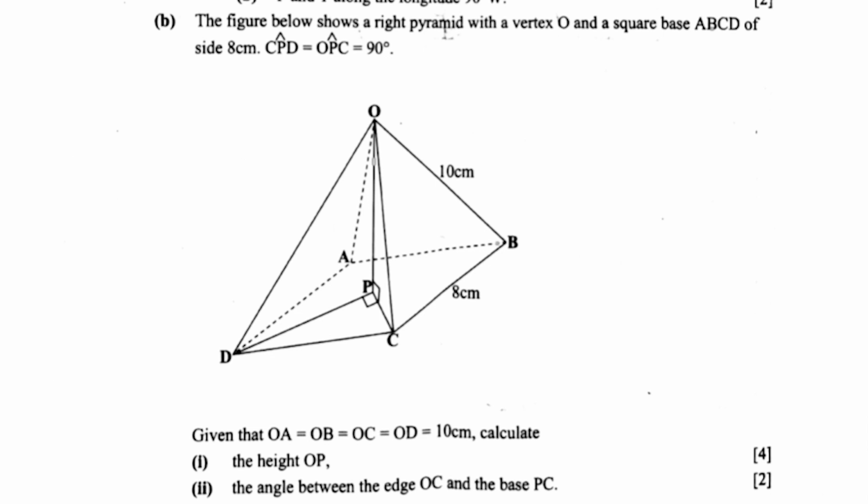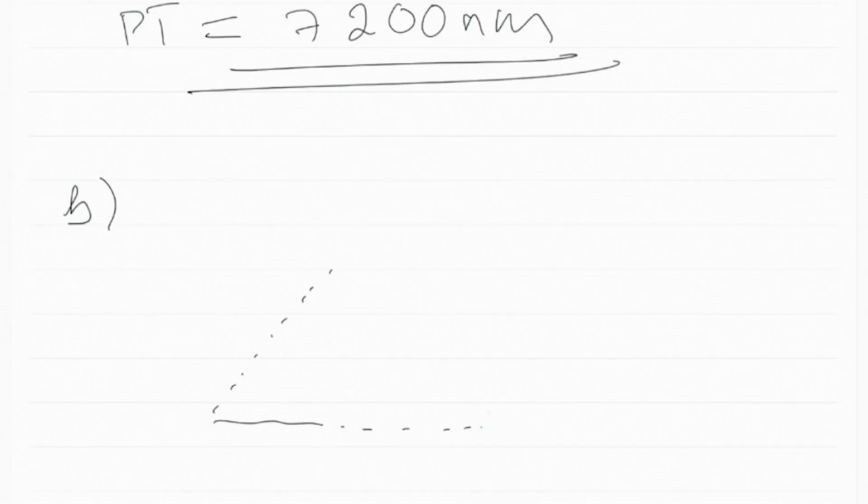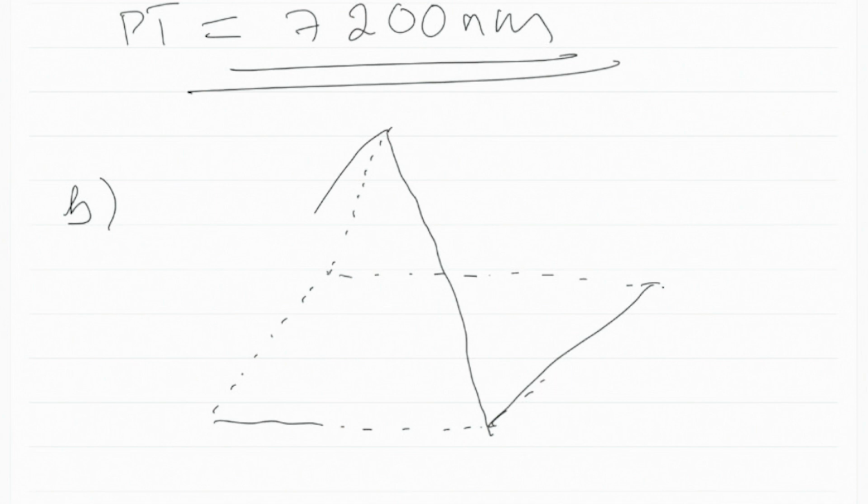When you look at what has been given, we have a pyramid there. If I can sketch it so that we're able to follow nicely. We have a pyramid there, which is square-based, and then we have these points.